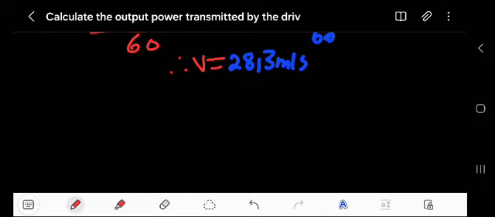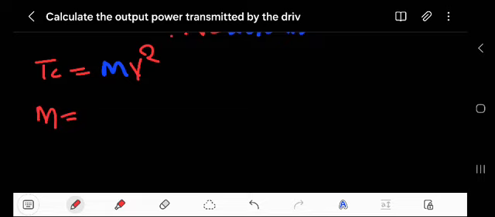We know that TC is equal to mass multiplied by velocity squared, but the mass we don't have yet. The mass is volume multiplied by density.